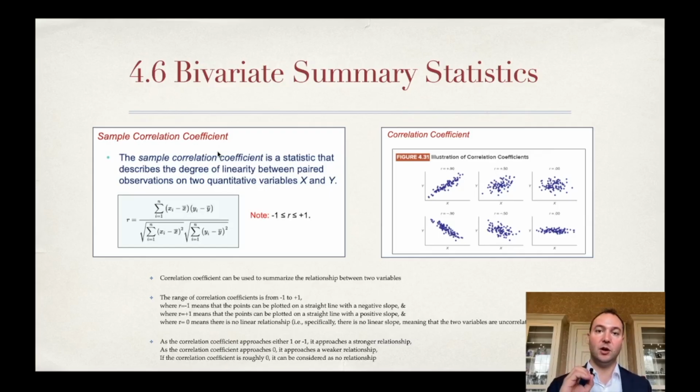Again, if it's 0, it means there's no linear relationship. There could be a nonlinear relationship, such as an arc or a curve or a sine wave. However, if we do have a linear relationship, what we see plotted might look something like this if it's positive, something like this if it's negative.